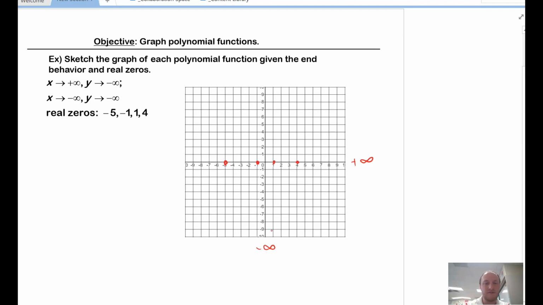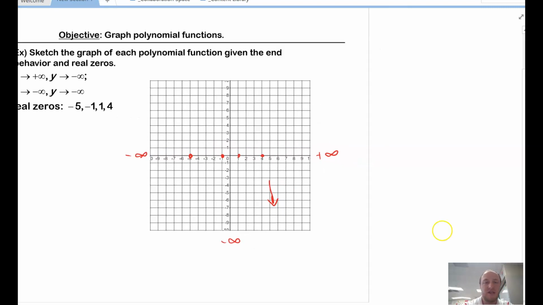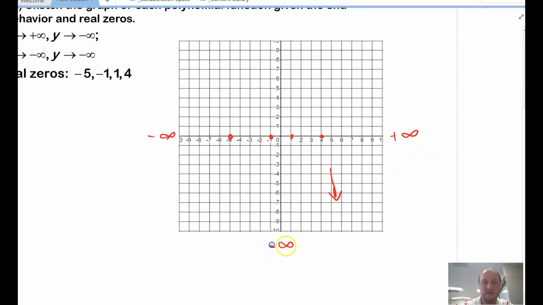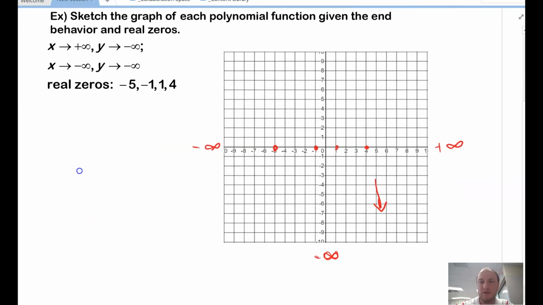So for this first piece, I know my function's going to be pointing this way. For the second piece, as x goes to negative infinity, over here, where's my function going to go? Well, it also says that y is going to negative infinity, down here. So again, my function is going to be facing downwards, this direction.